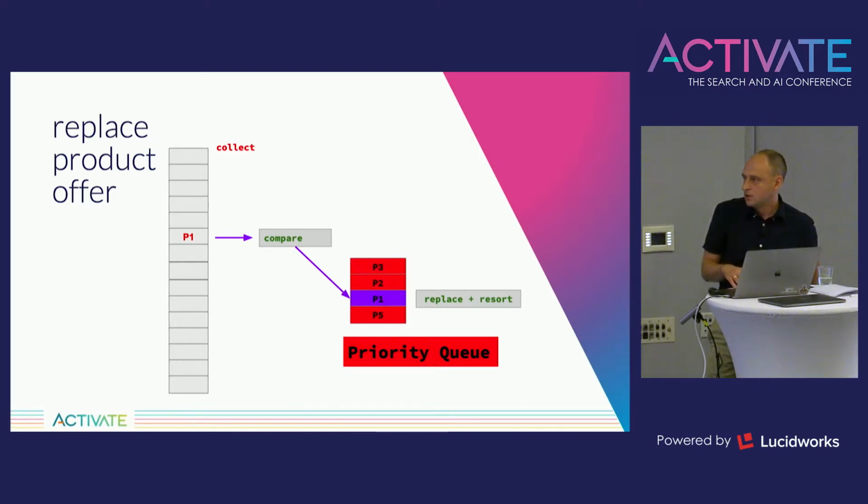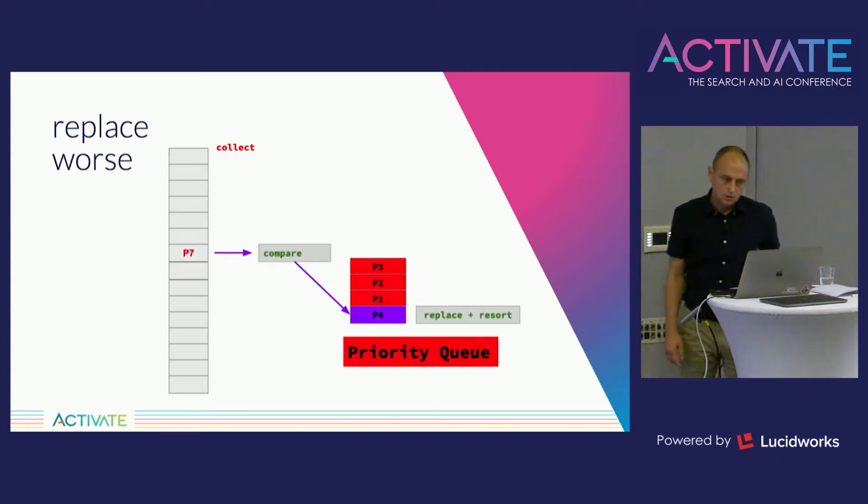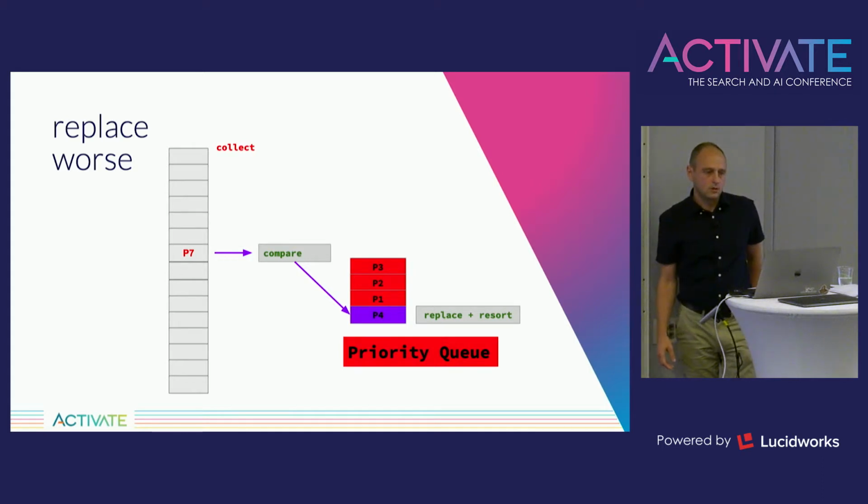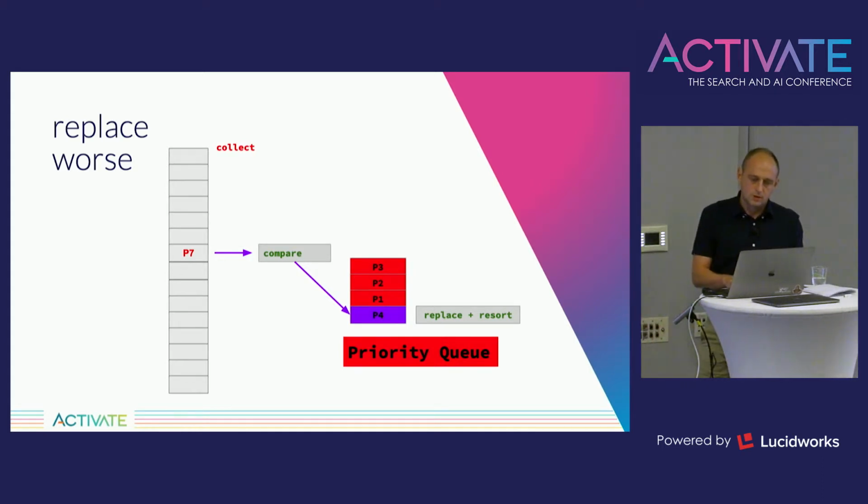If so, and if our current document is a better offer than the one in the queue, it replaces it and we resort the priority queue. The last case is when our document is better than the last in the queue, and in the queue we do not have another offer of this product. We just replace the last document in our queue and resort it.